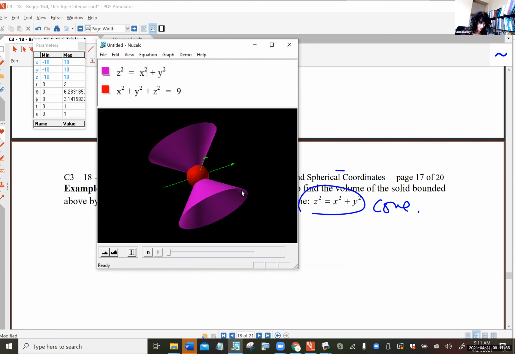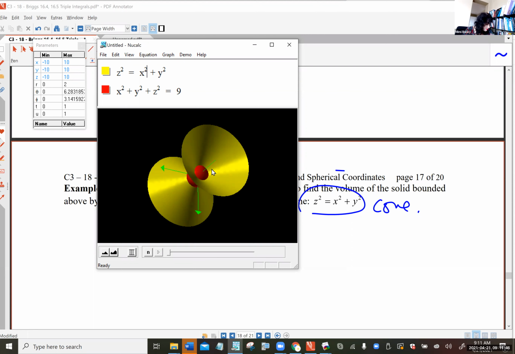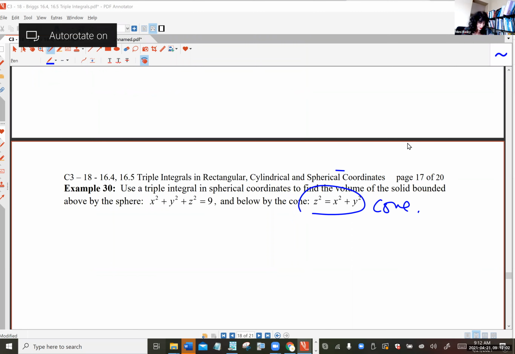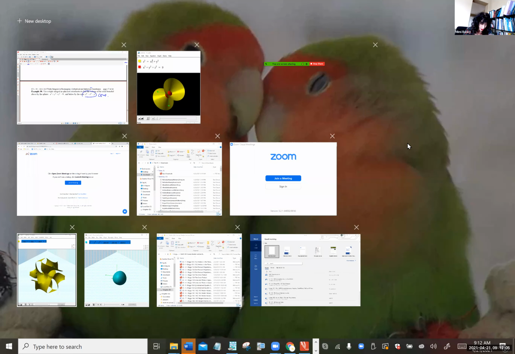Do you see that if you take the upper napped cone and look at the little cap there, that red portion of a sphere, that's going to be the capping surface, and then the cone sides will be the side walls of your solid.